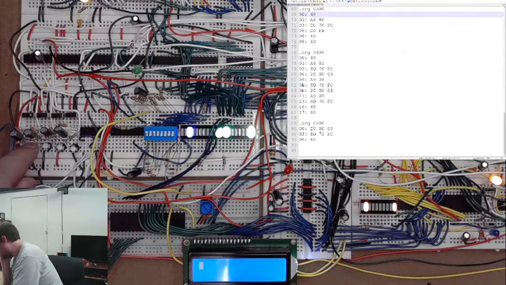So if I just clock through with this one, it probably won't work. At least I'm back into the original function when I clock it this way.